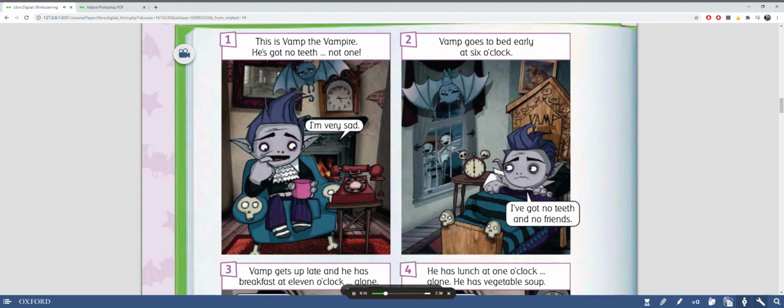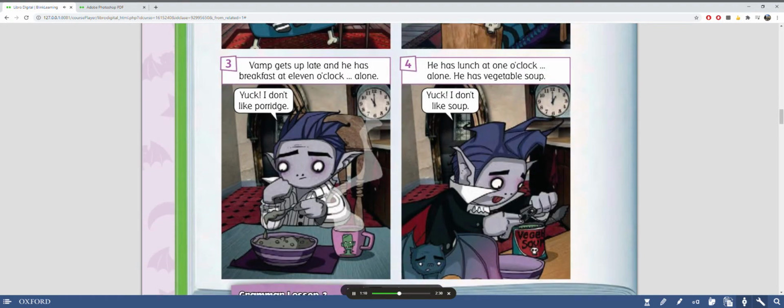I've got no teeth and no friends. Vamp gets up late and he has breakfast at 11 o'clock. Alone. Yuck. I don't like porridge. He has lunch at 1 o'clock. Alone. He has vegetable soup. Yuck.